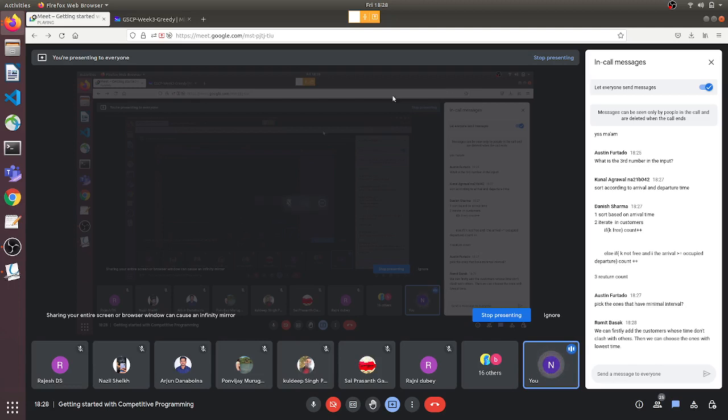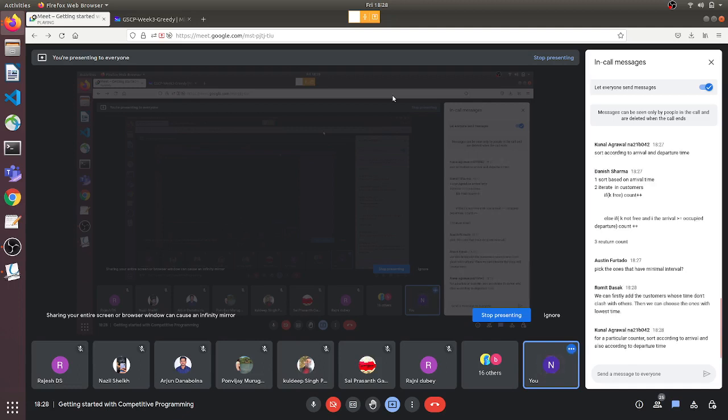Now if we are given different counters, then we have to break the problem down. You have to do the same things you're telling, sort and then do some stuff on that sorted array, for every counter, right?